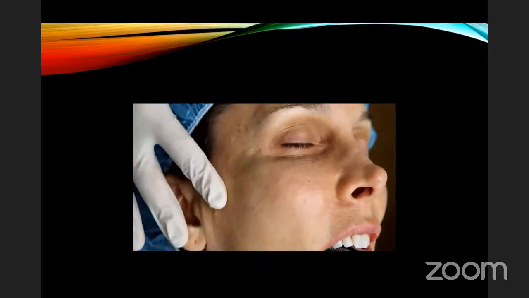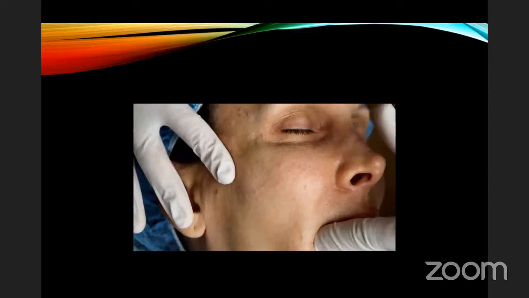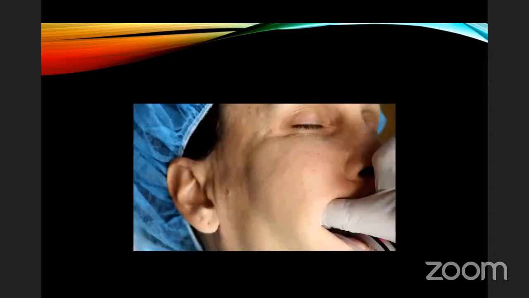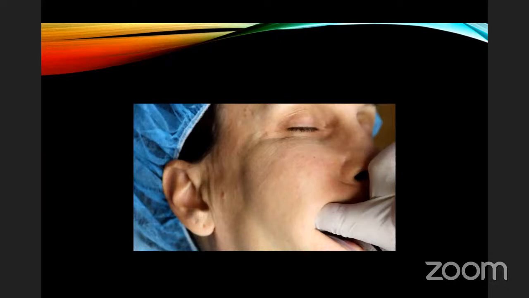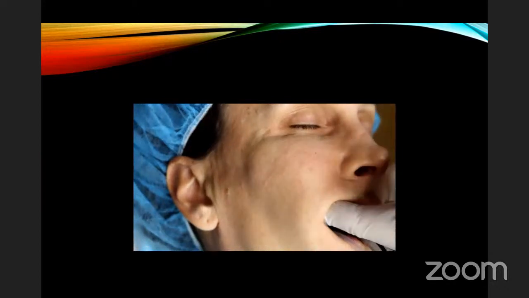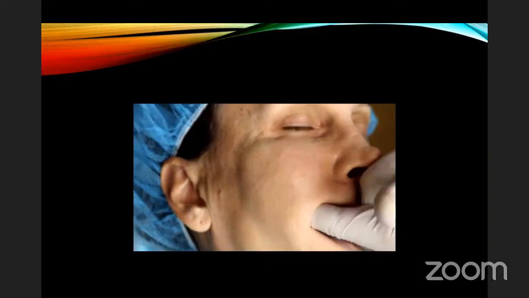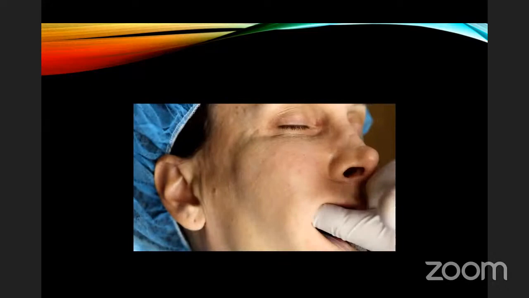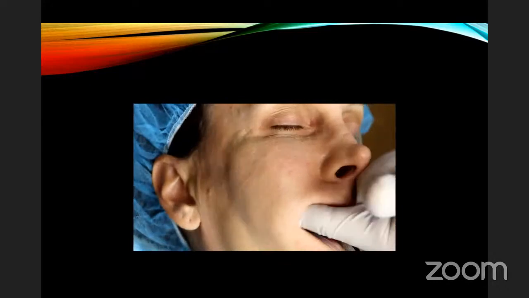And finally, you want to feel up inside the vestibule and make sure that the inferior portion of the implant does not protrude too far inferiorly on the maxilla, where you have a big ridge there that you can feel, because that will bother the patient. Also, it means the implant is not placed high enough. So those are the things that you want to look at.